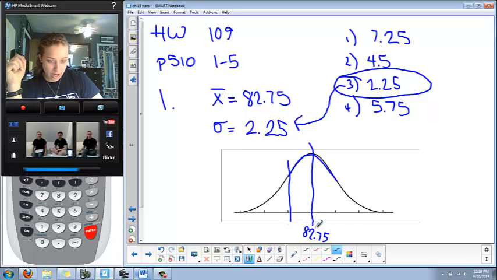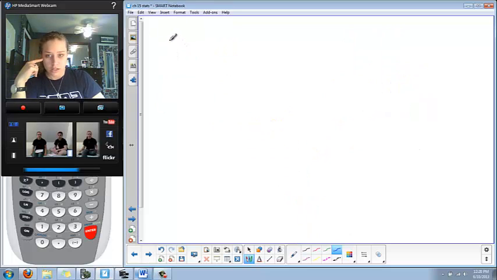So if this is our average at 0 and this is -1, that's 1 standard deviation below the mean, so that's exactly where 80.5 would lie. So it is pretty close to the average, pretty close to the middle. Alright, so that's number 1. Number 2.